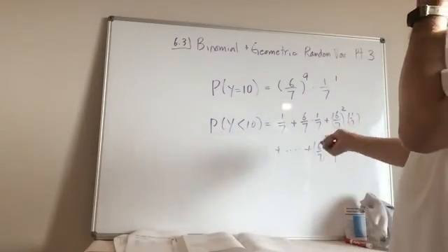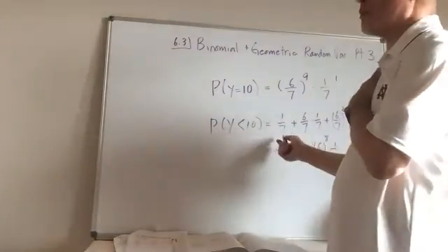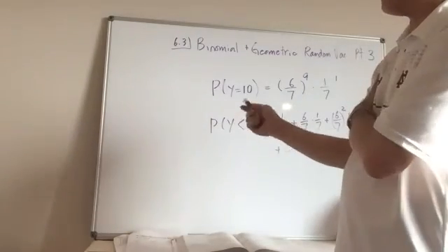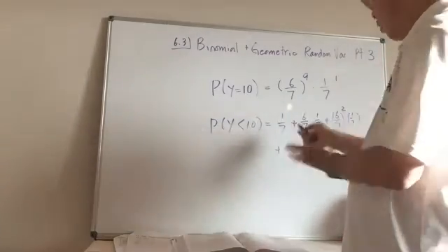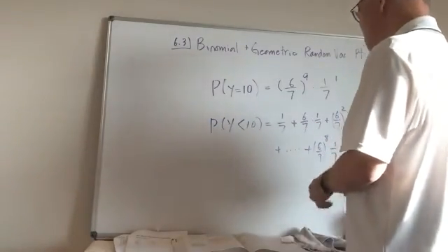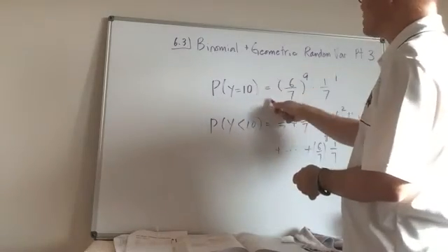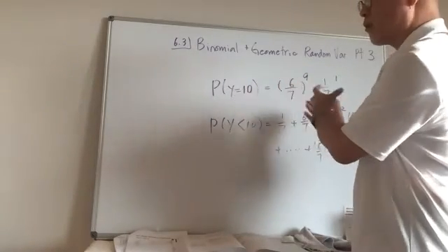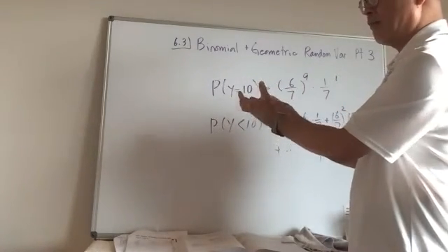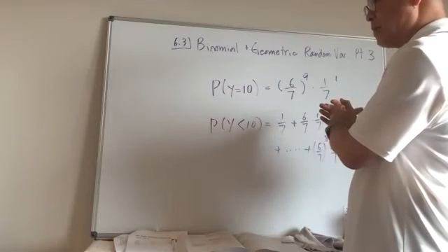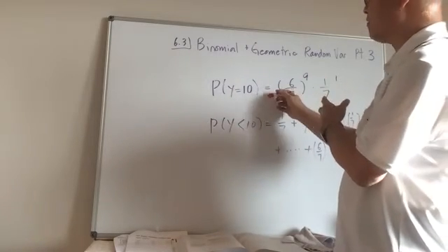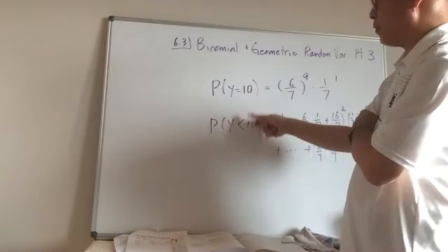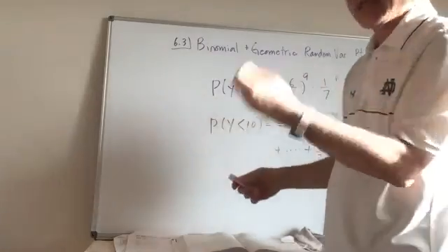Notice, if you compare this to the binomial PDF, what are you missing? You're missing the sorting or arranging of the successes and failures. The reason you don't have that in a geometric random variable is because you know exactly what's going on.